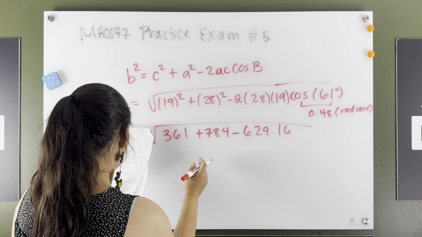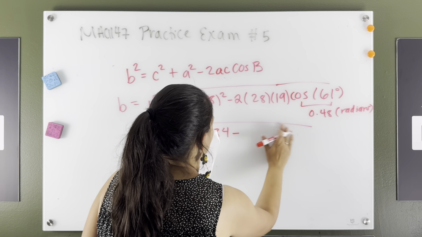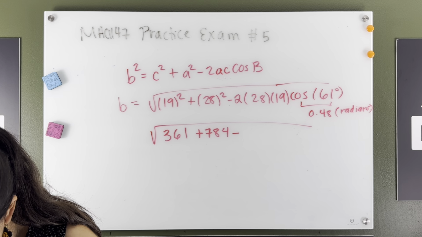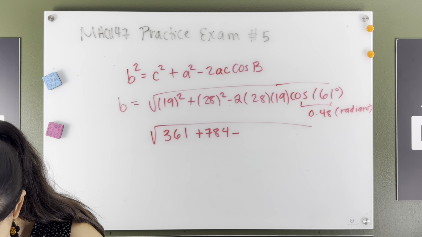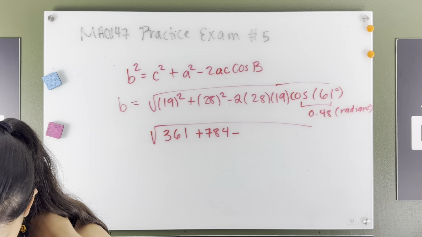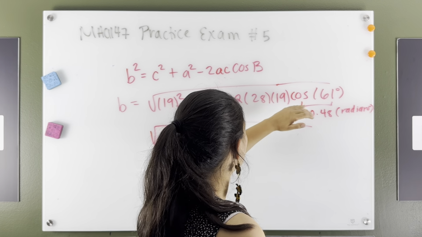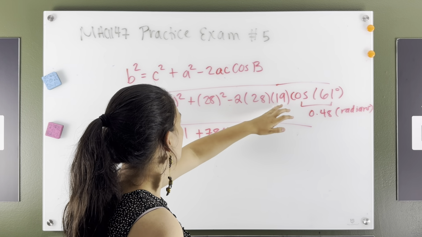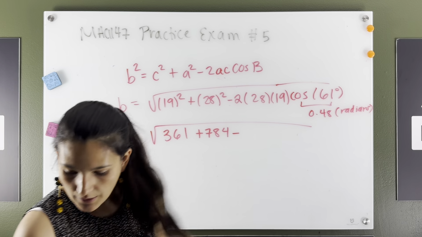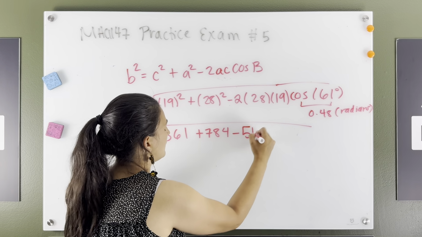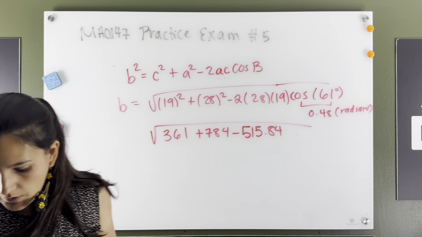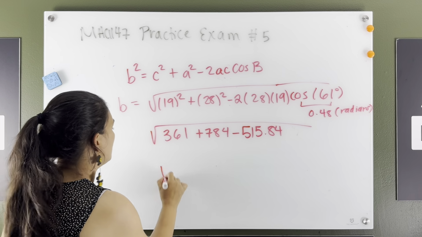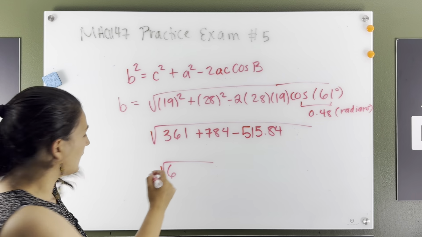Let me just redo it because I guess I didn't plug it in right. If you do cosine 61 degrees and you get the entire long number, leave it like that in your calculator, multiply by the 19, the 28, and the 2, and you're going to get 515, you can check yourself, 0.84. Then once you add these values, that's like 1,000 something minus this value, gives you 629.16.